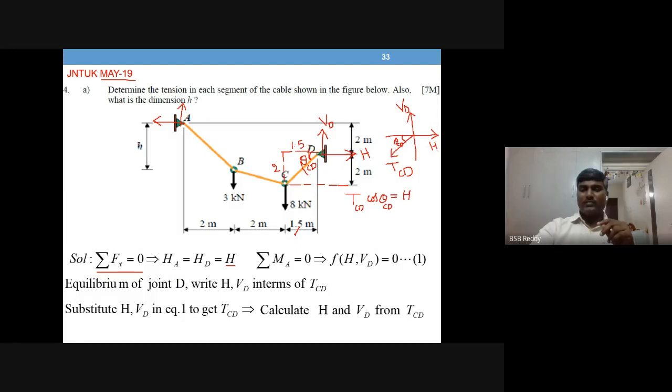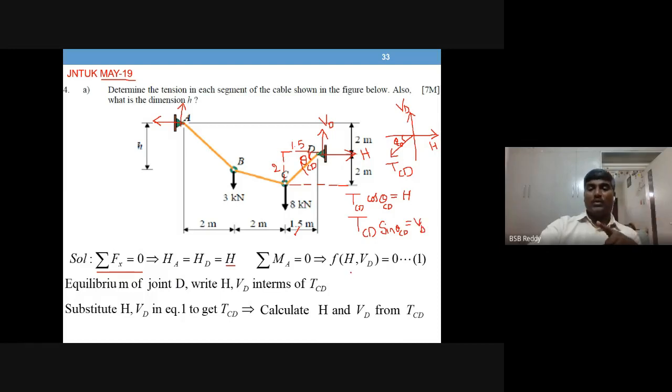Got it? Another one, sigma Fy = 0: TCD sin theta CD is equal to VD.